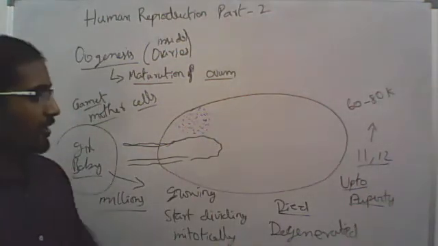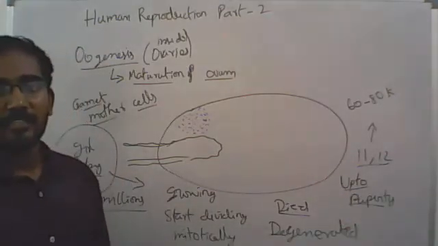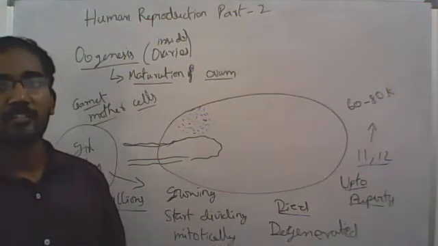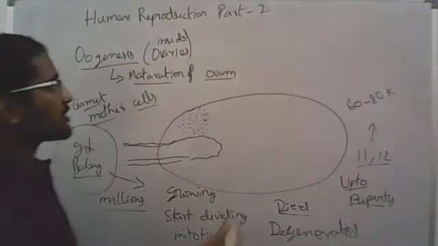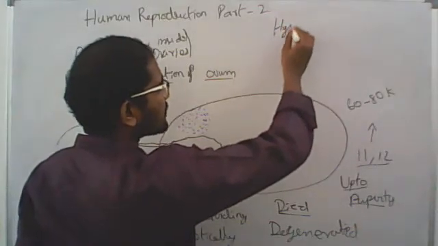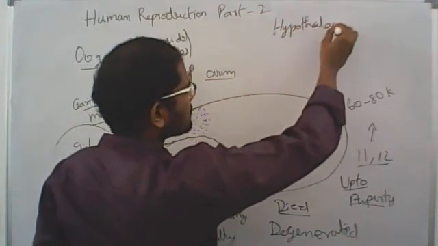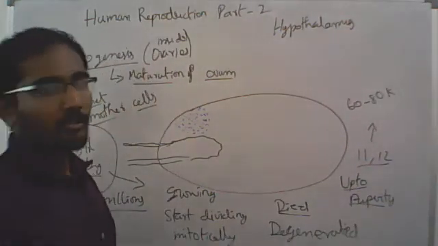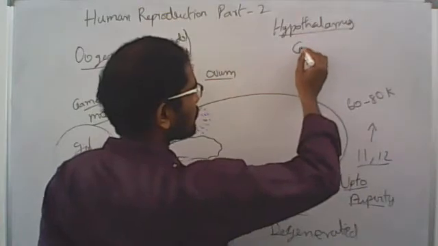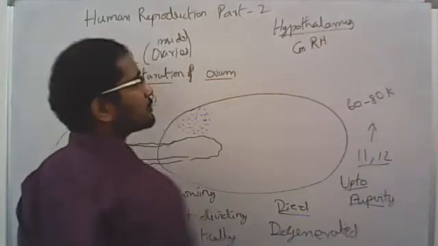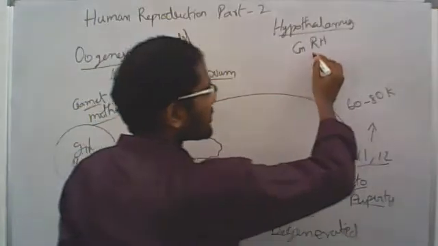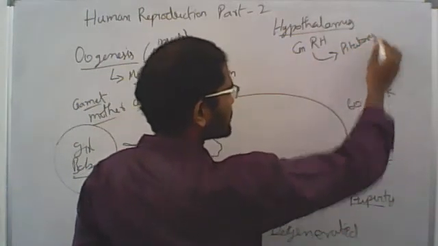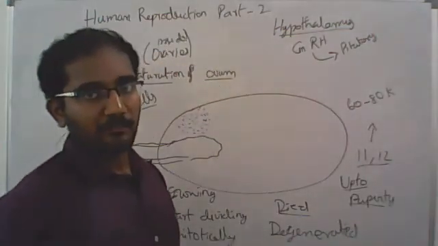When they attain puberty, the major change in the body is hormonal changes. What kind of hormonal changes? They start from the hypothalamus. The hypothalamus produces gonadotropin releasing hormone, which acts on the pituitary gland, the master gland.